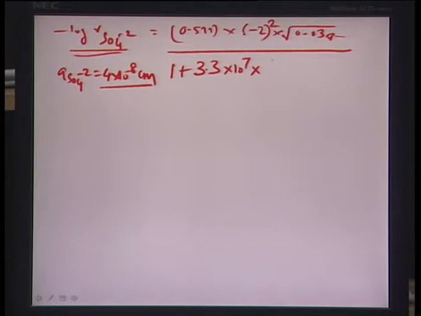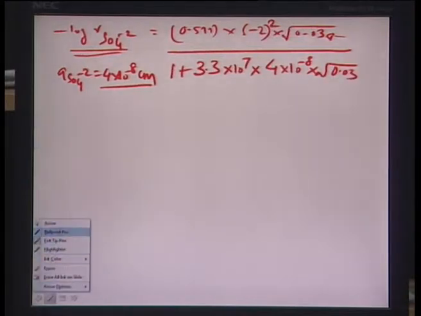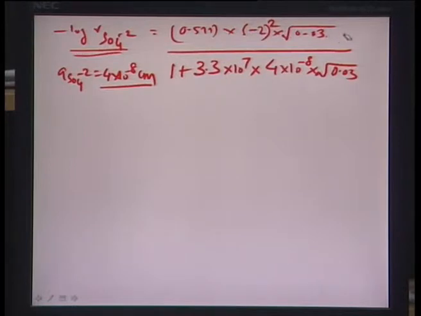So, this comes out to be 4 times 10 to the power -8 times root of 0.03, and essentially that is calculated to be 0.2876.